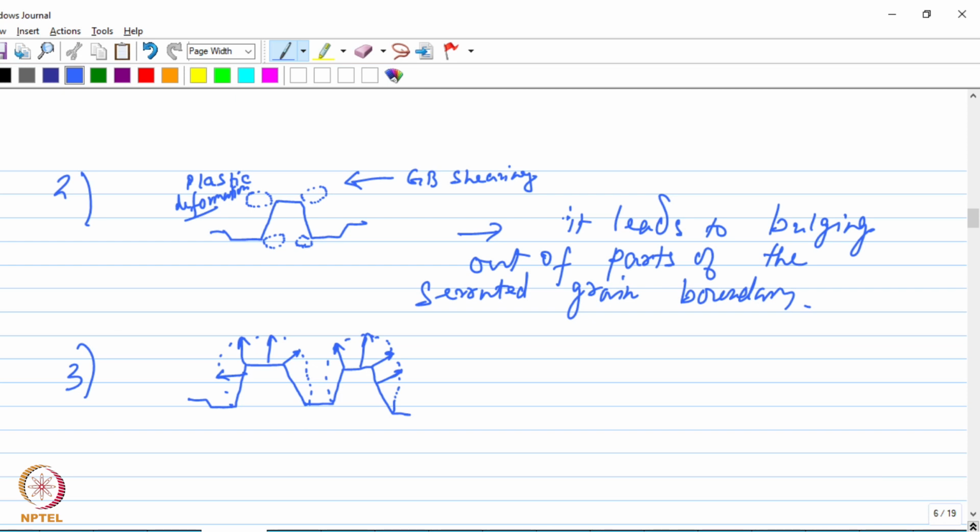And the nature of the boundary which will form along these bulges would depend on the value of Z, as I said before.